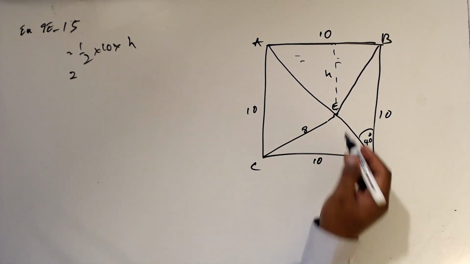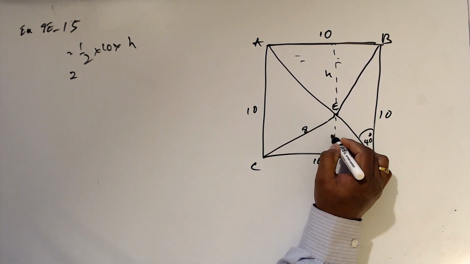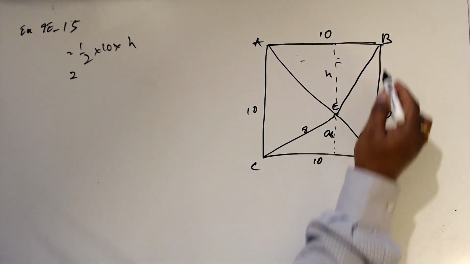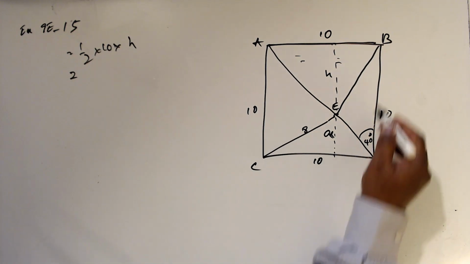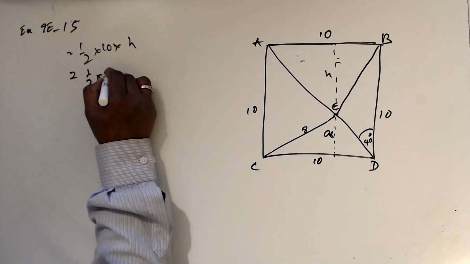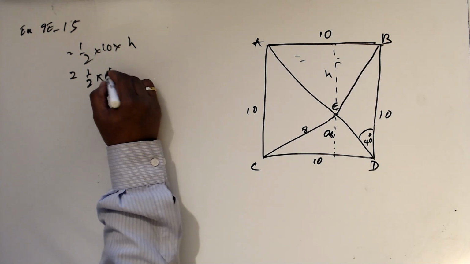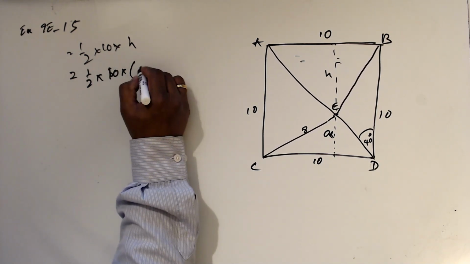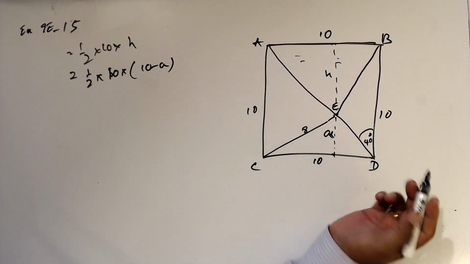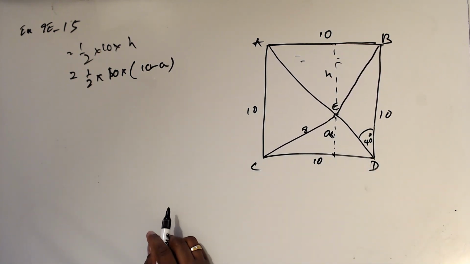H mean, if I know this length a, h mean the whole is 10, because this is the square. 10 minus a, half 10 times 10 minus A. If I know A, then job done.